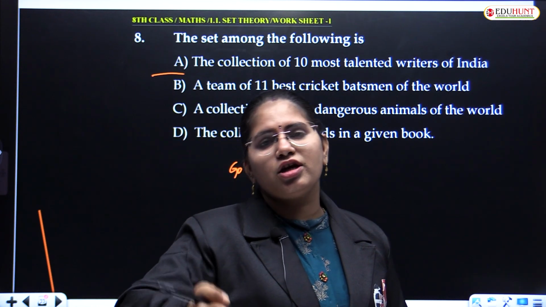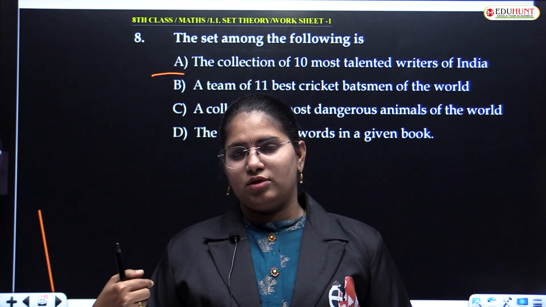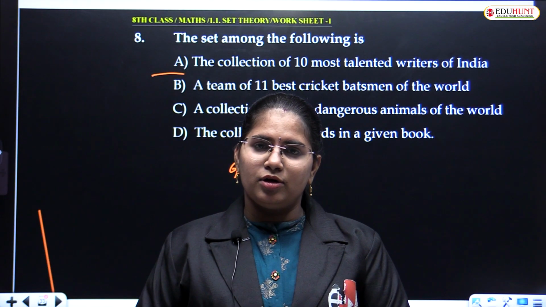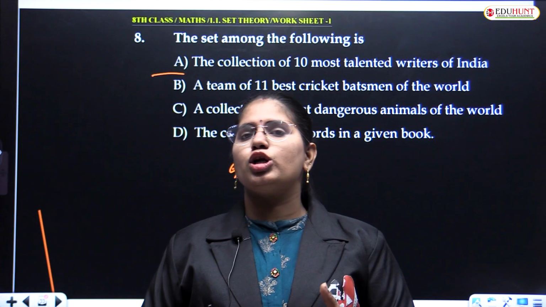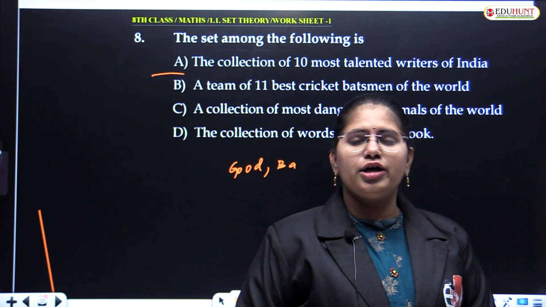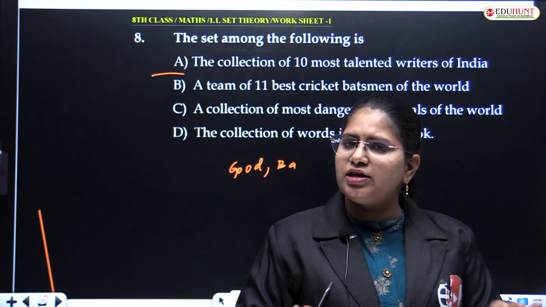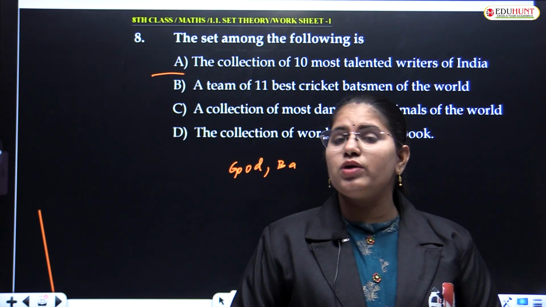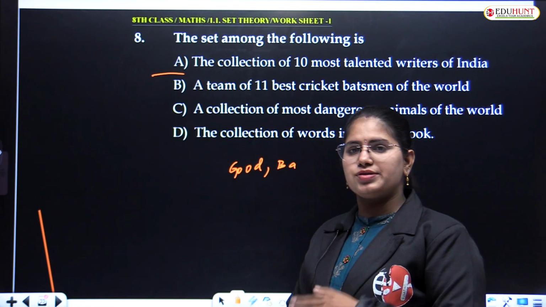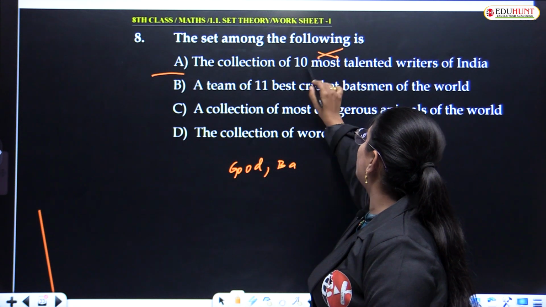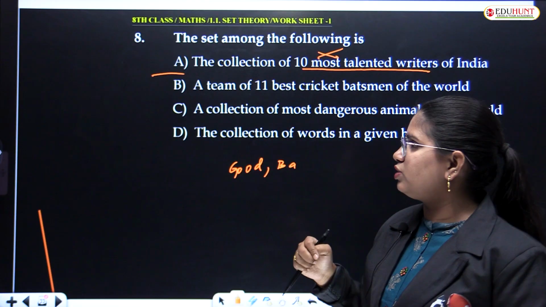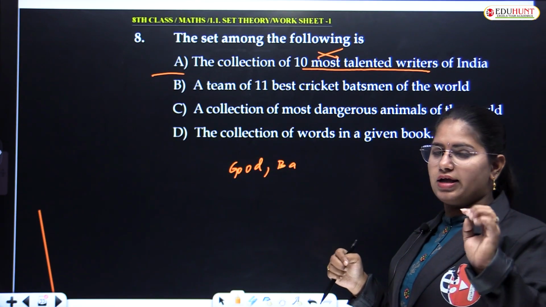Now what is good in your view may be bad in my view. I feel Virat Kohli is my favorite player. You may feel Sachin Tendulkar is your favorite player. So favorite, good, bad, all these things will not define a set. That is why a collection of well-defined objects is nothing but a set. So as per that, 10 most talented writers may differ with their perspectives, so that does not come under set.